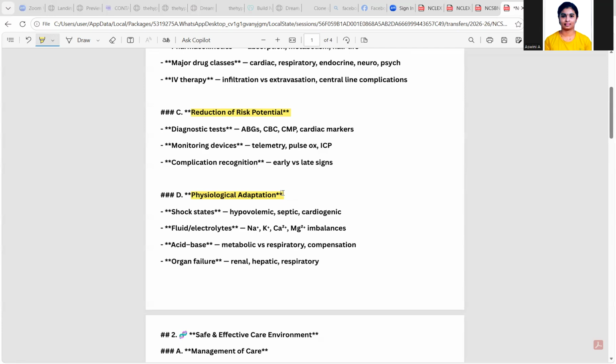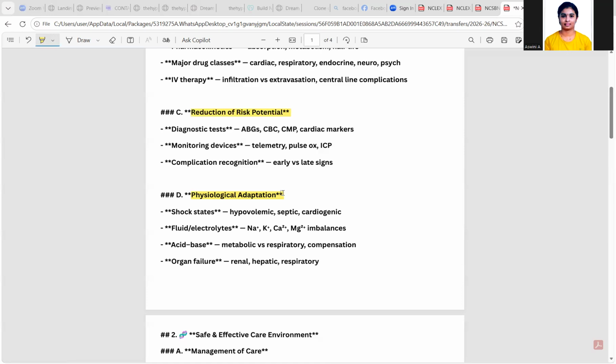In each system, we look at the topics under it and what changes happen. For example, if it is the respiratory system and a patient has a disease condition related to it, the changes mainly affect which organ?